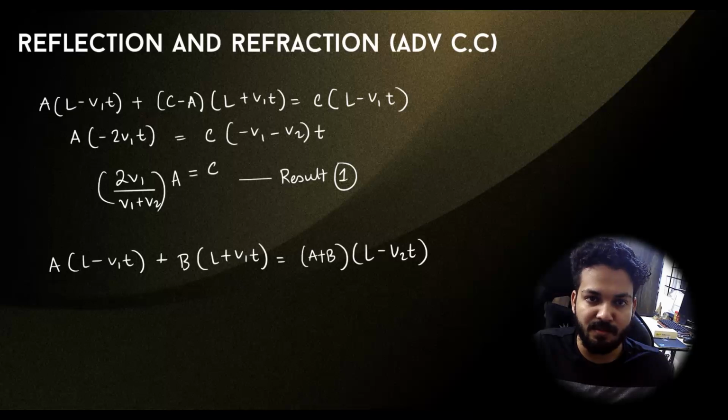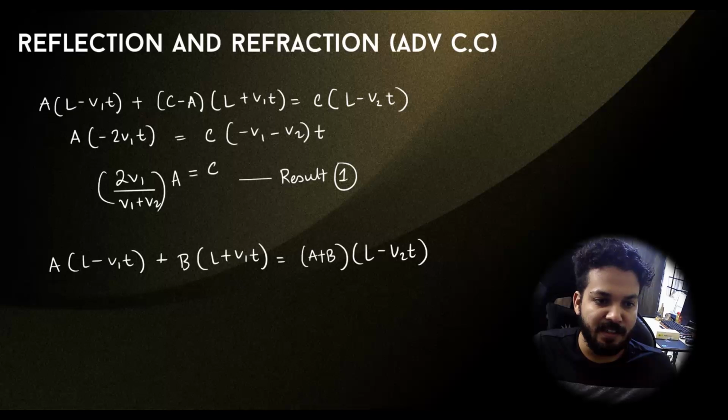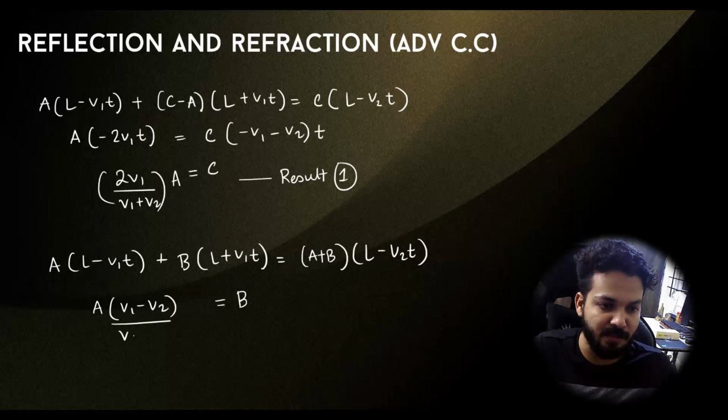Okay, sorry, I made a small mistake here. This is actually v2. And if I rearrange the terms here again, what I will end up getting is b = a(v1 − v2)/(v1 + v2).